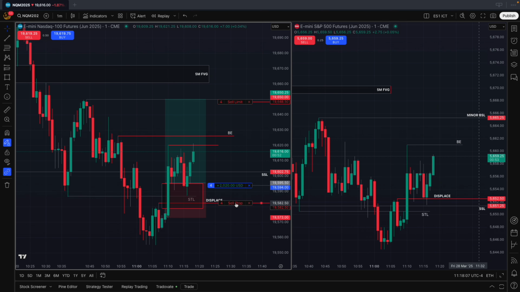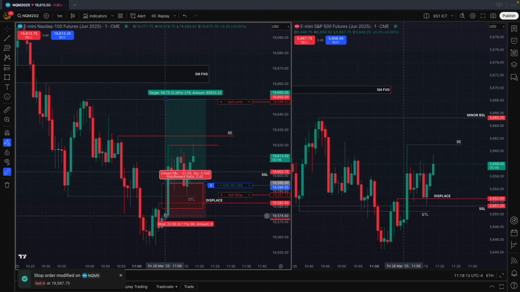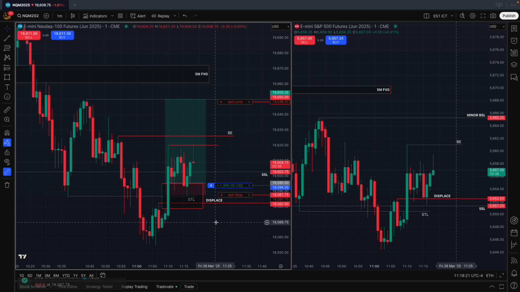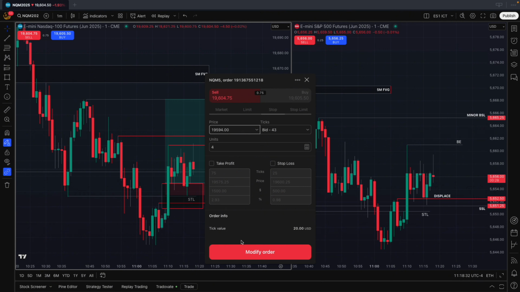Okay, so move your stops to 8775. So now we're not risking a lot. Our stop placement is only 7 handles. In fact, I'm going to put my stops towards break even on this one.